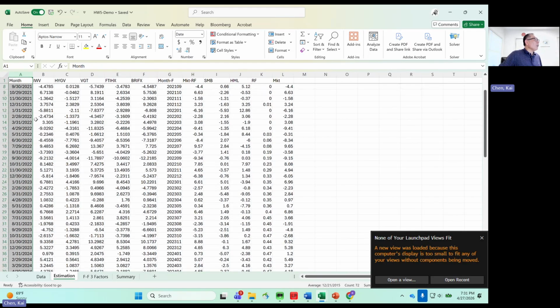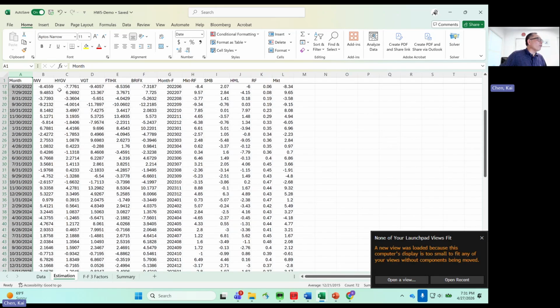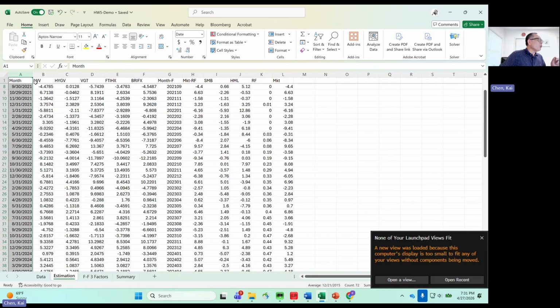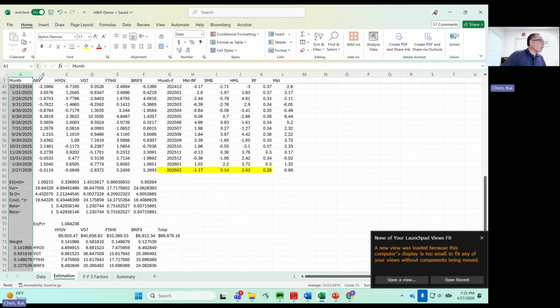Now let's have a review of homework 4. In homework 4, we used IWV to proxy the market portfolio, and we calculated expected return, variance, standard deviation, covariance, and beta. We got these results using IWV to proxy for the market.